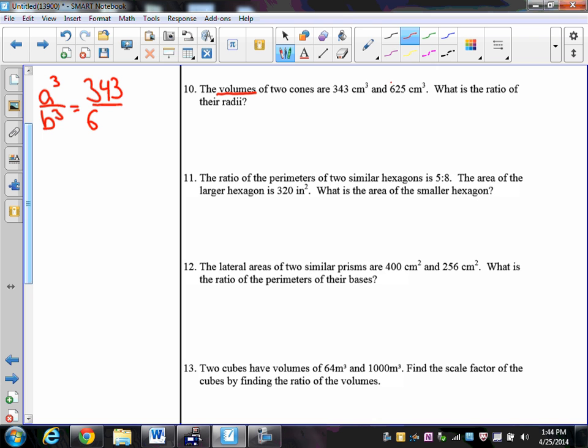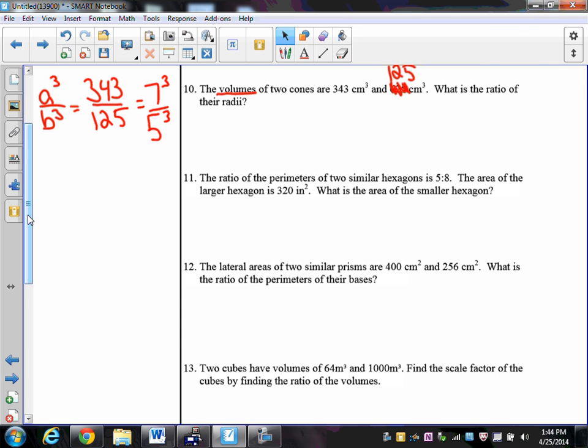But before we do that, let's change this number to 125. The reason why I want to do this is because I don't want a decimal in the end. So since we're cubing this, I know that those are perfect cubes.